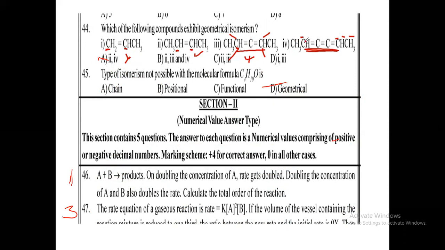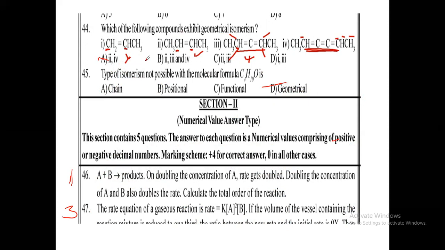So similar groups on the same side, cis, similar groups on the opposite side, trans. You have to understand. So in this one only 2 double bonds are there. Here how many double bonds? 3. A polyene containing 2 different groups or atoms on the terminal carbon atoms will show geometrical isomerism. Okay, only 2 and 4 can show geometrical isomerism.